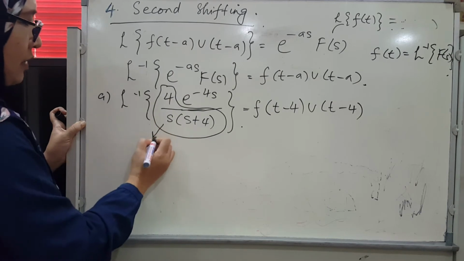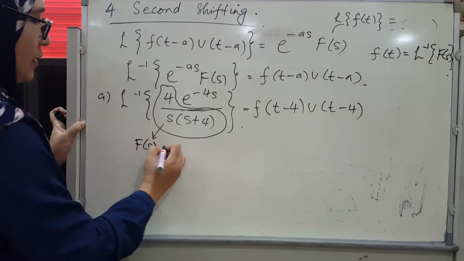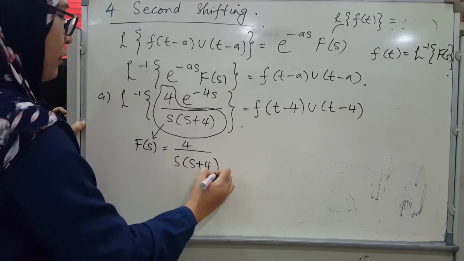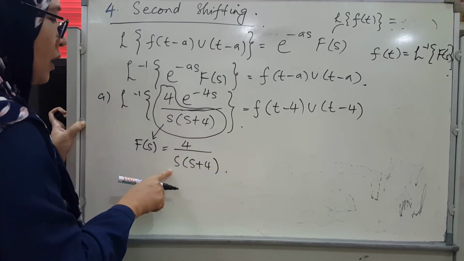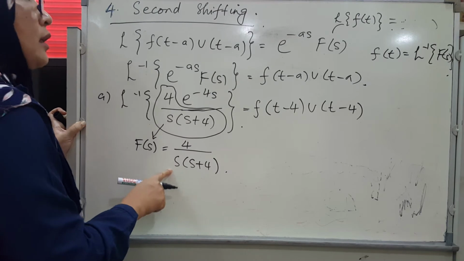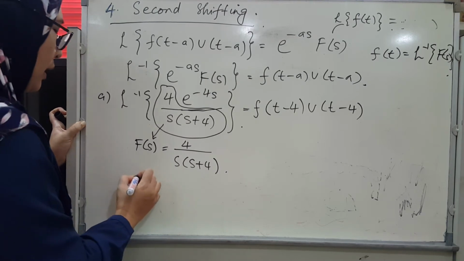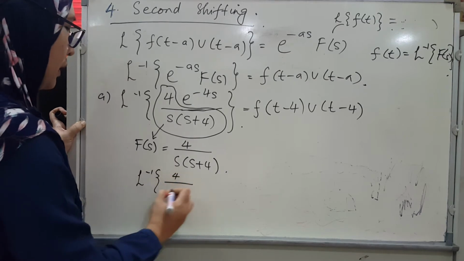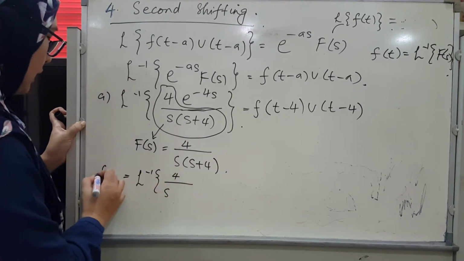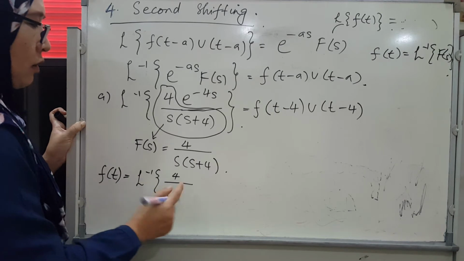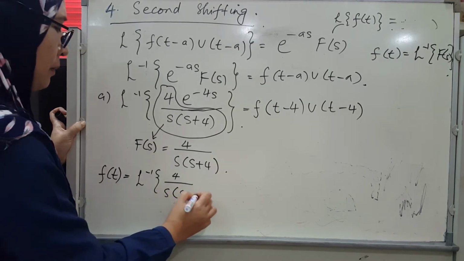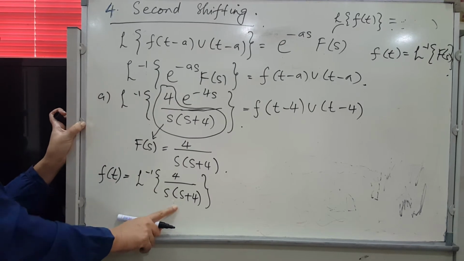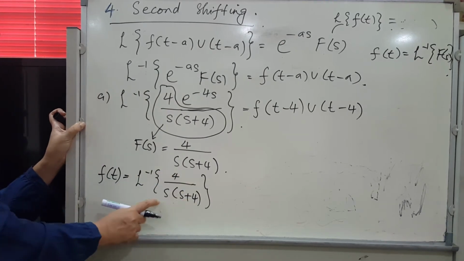You see, this is F(s). So our F(s) is 4 over s plus 4. So we need to inverse this, because by inversing this, we can get f(t). So familiar, right? This one.